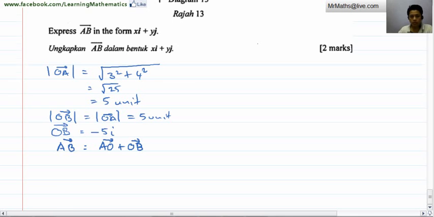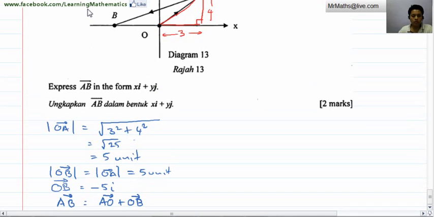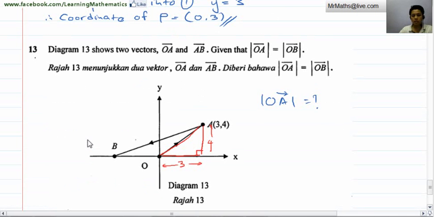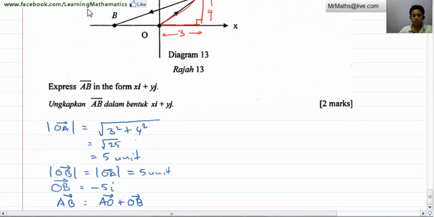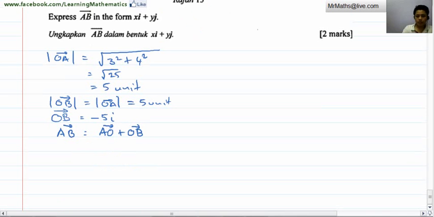Is it true? AO, OB. Then what we know is that OB we know already. AO is minus 3i minus 4j.